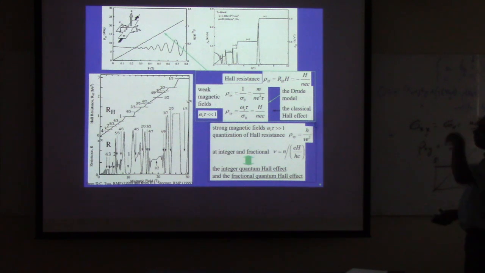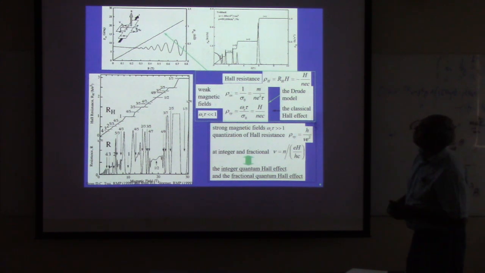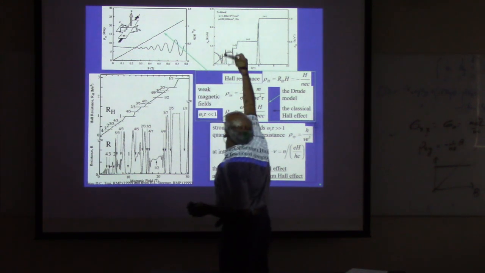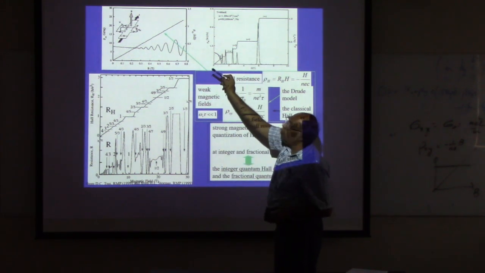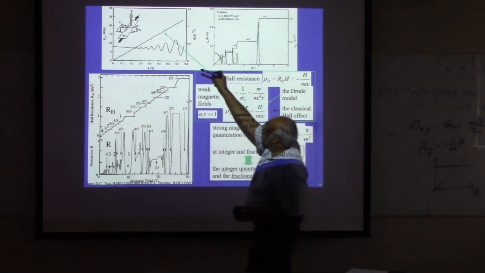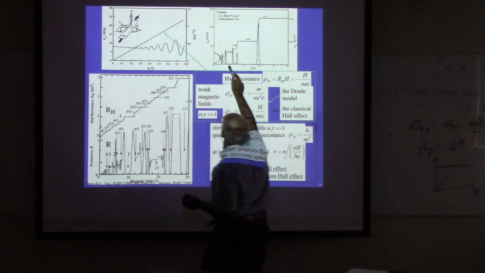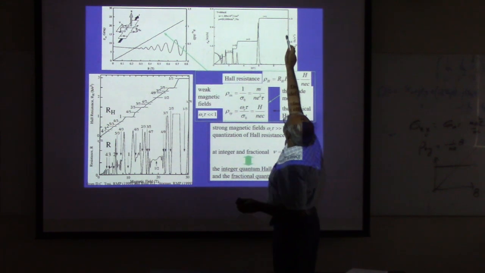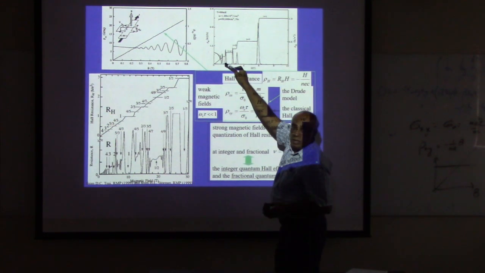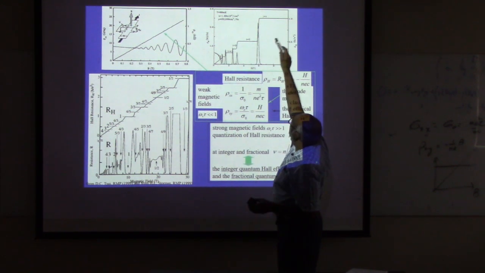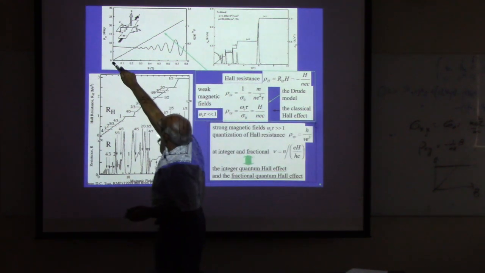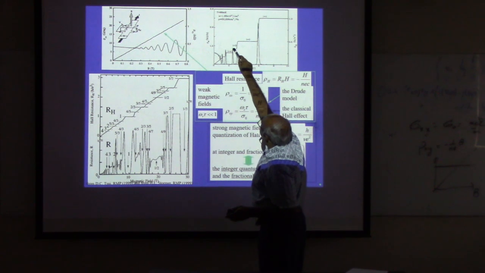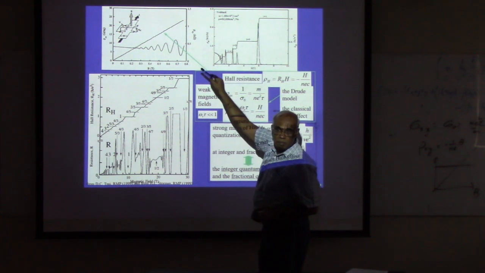So in the quantum Hall effect, what they found was that there are these oscillations for rho xx, but whenever this becomes 0, you can see, there's a step in the rho xy. The rho xy is supposed to be just like this one, but they started showing these nice steps.